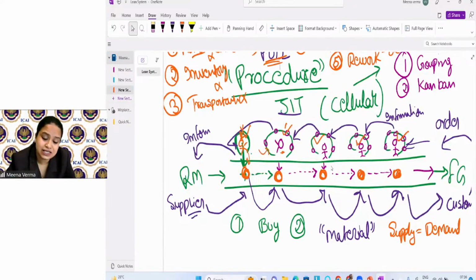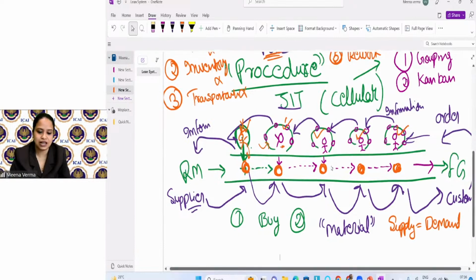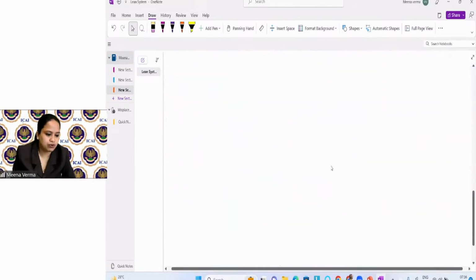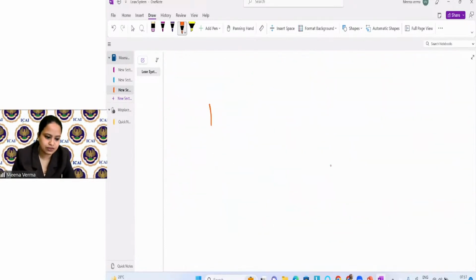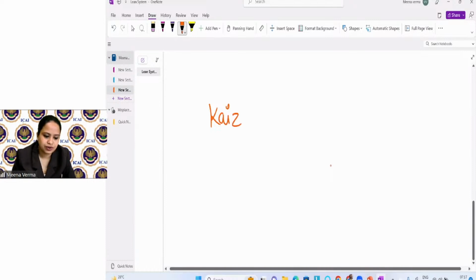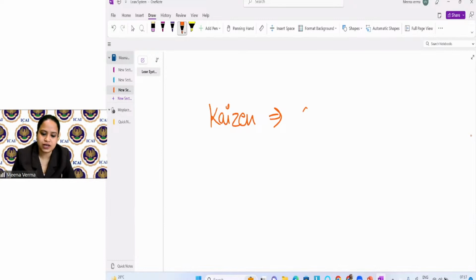Kaizen means continuous improvement. We learned about Kaizen costing in the last session. What is the meaning of continuous improvement? Kaizen means continuous improvement.